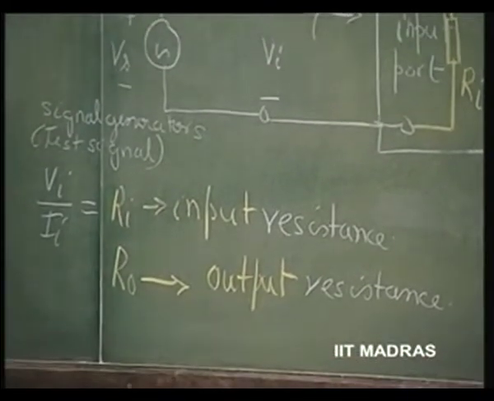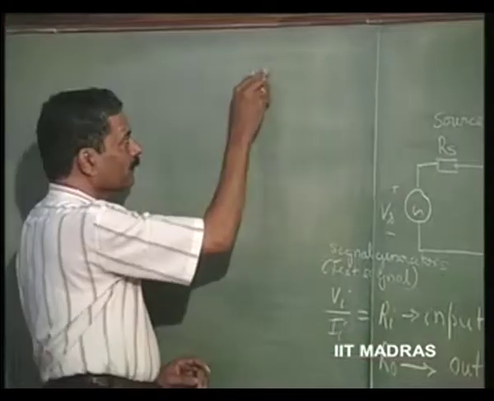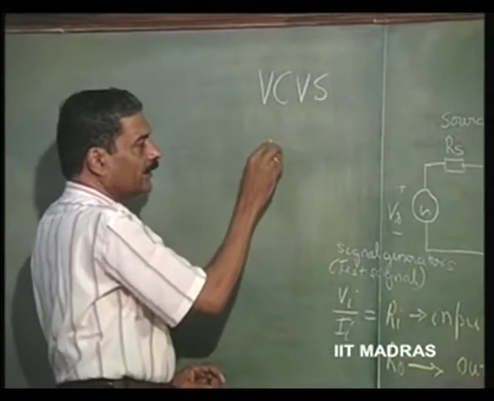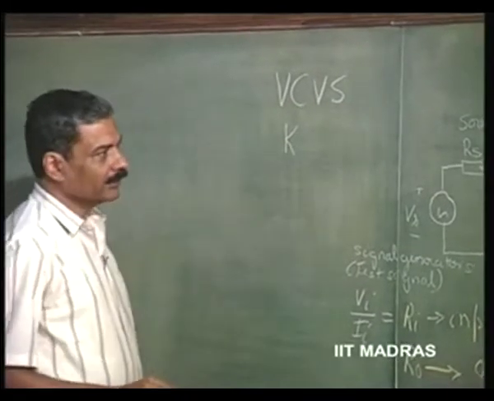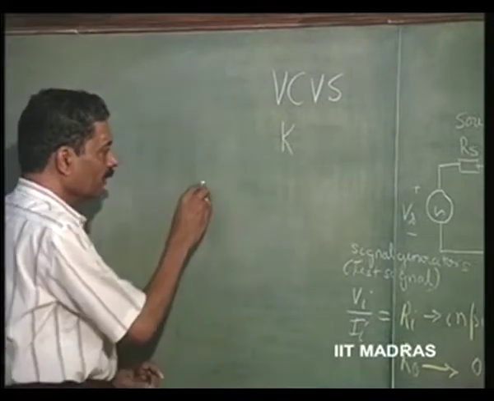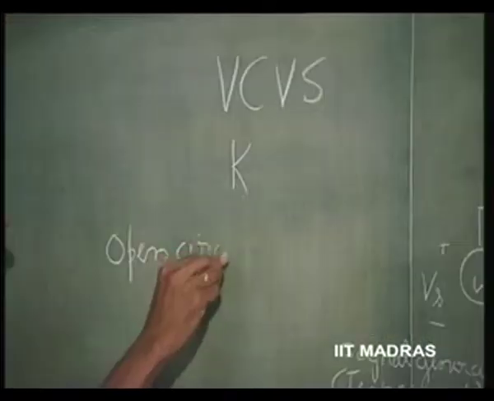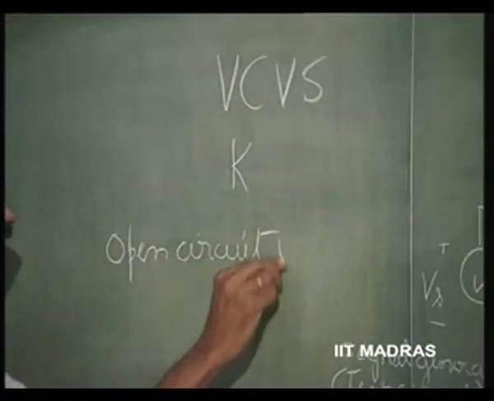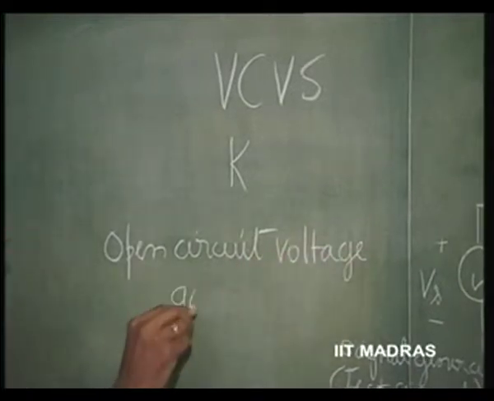The most important parameter of this voltage controlled voltage source amplifier is K. What is K? K is defined as the open circuit voltage gain.